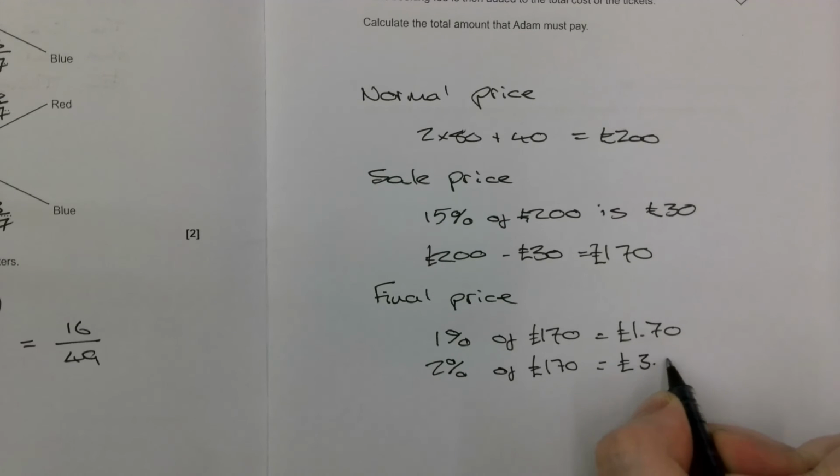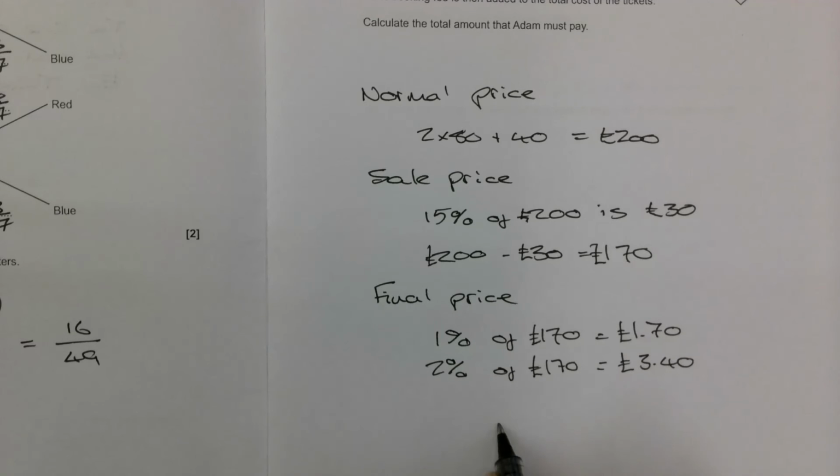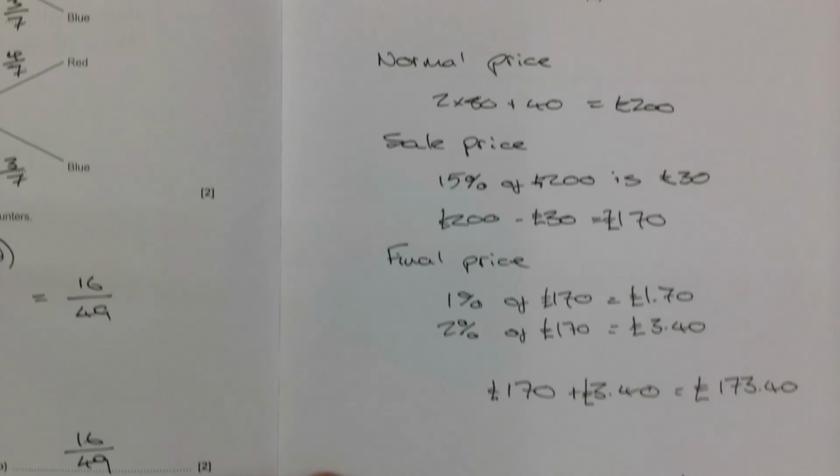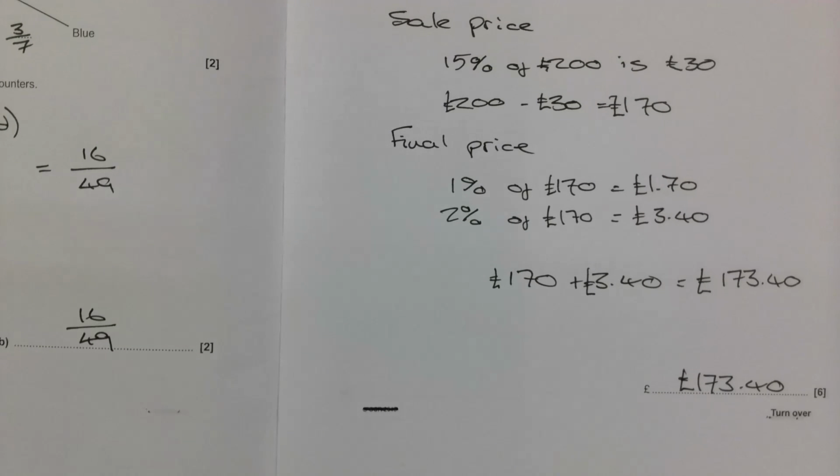That's £3.40. So our final price is £170 plus £3.40, £173.40. Put that on the answer line so that the examiner knows that's exactly what we want.